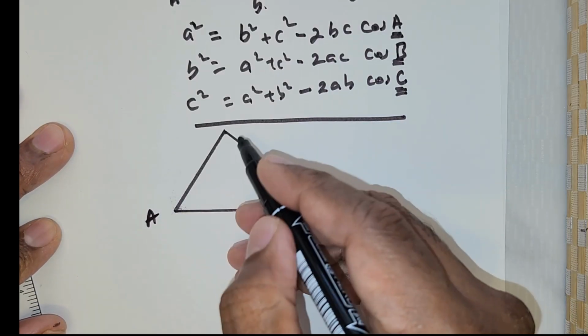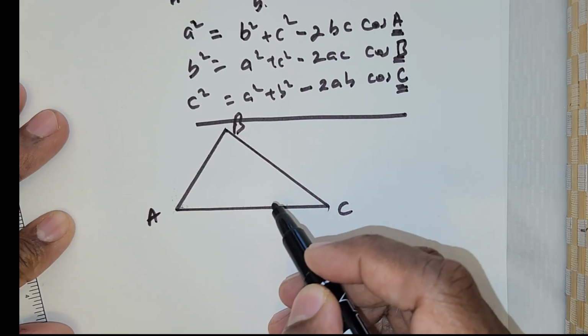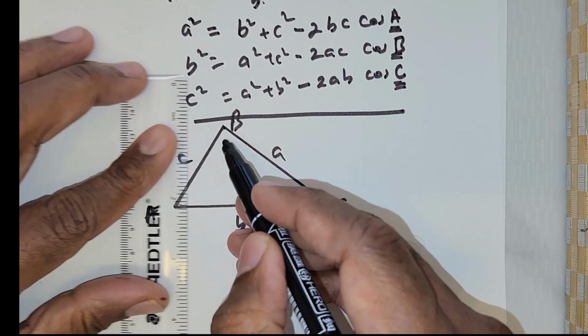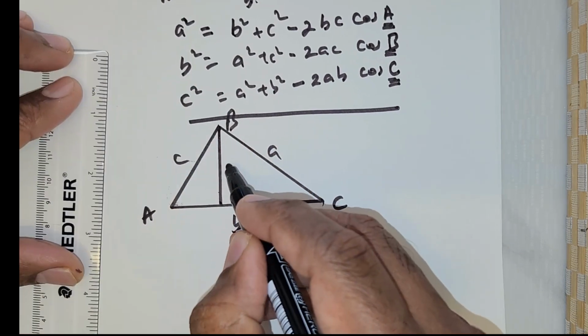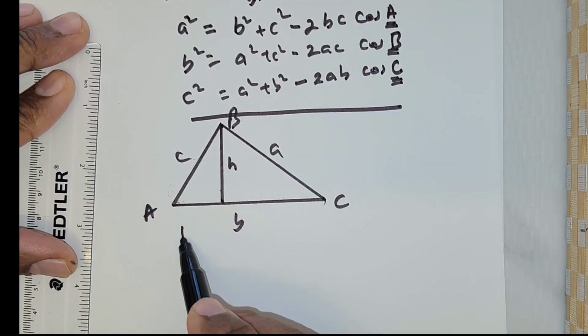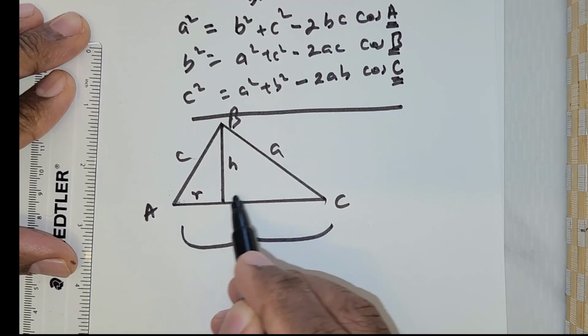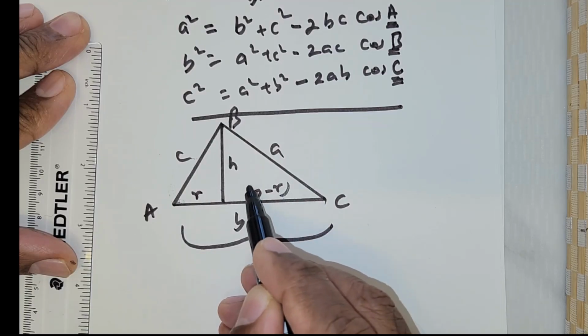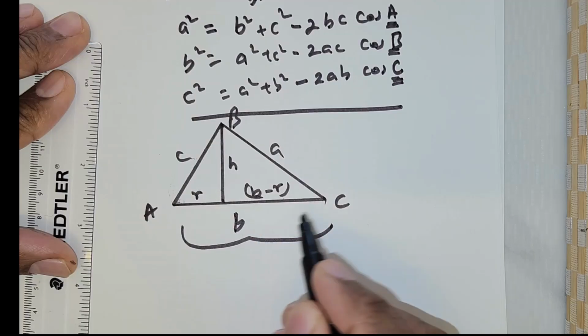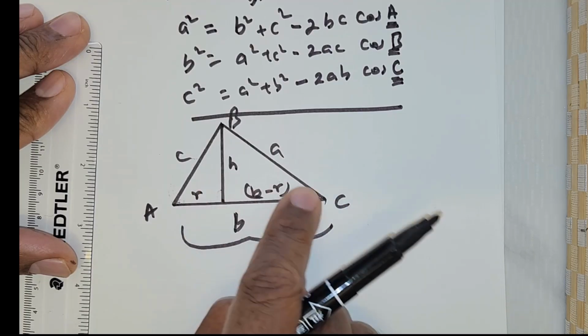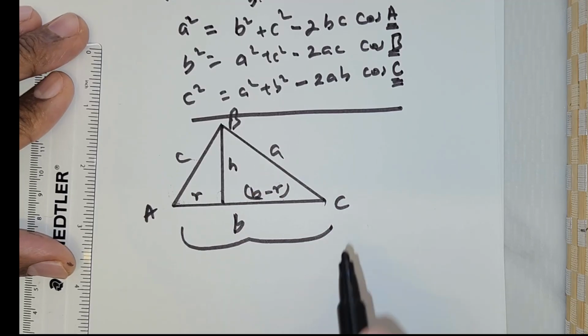I'm going to take this as A, B, C. This is a, this is c, this is b. I'm going to drop a perpendicular here, and this is going to be my edge. This entire length is b. I'm going to take this as r, so this length is going to be b minus r.